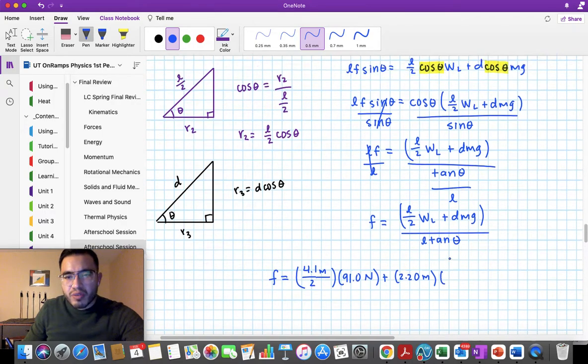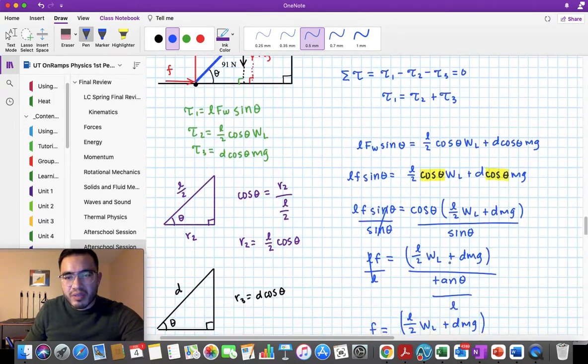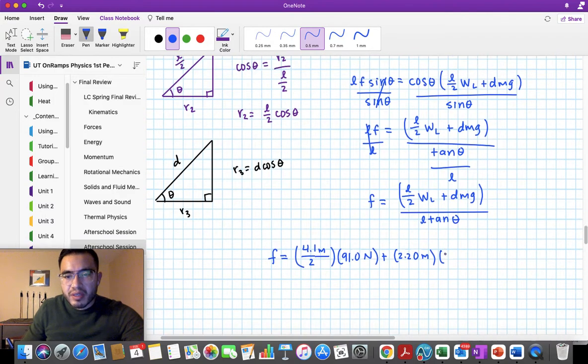Mass of the kit, 21.7, I think. Yes, 21.7 kilograms, times 9.8 meters per second squared.